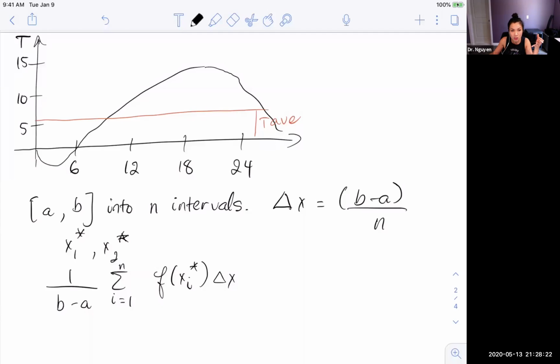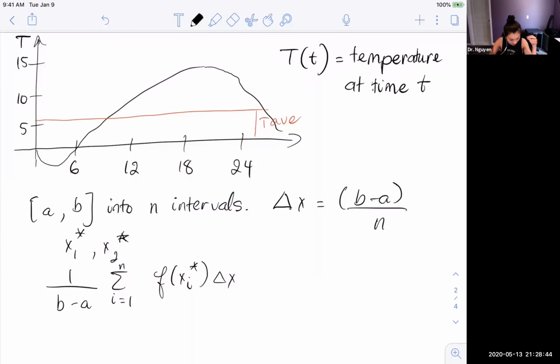So I'm going to go back to my temperature problem, and let's say T of t is the temperature at time t. Now, we might wonder if there is a specific time when the temperature is the same as the average temperature. So you see right here, it's one right there.